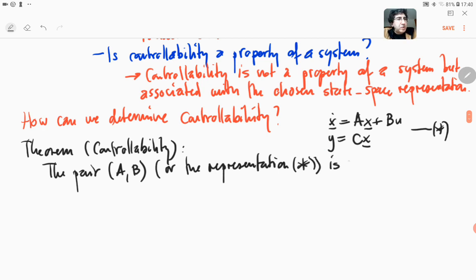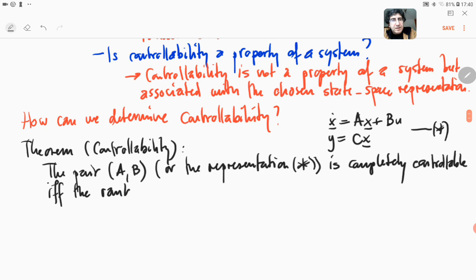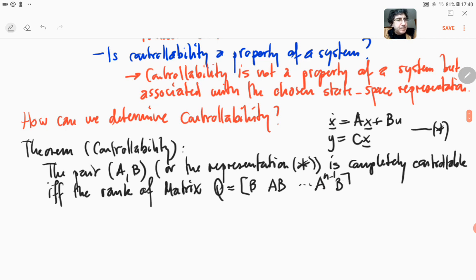A representation star is completely controllable if and only if the rank of matrix Q, known as the controllability matrix, which is composed by augmenting these matrix products B, AB, up to A to the n minus 1 B, is equal to n.